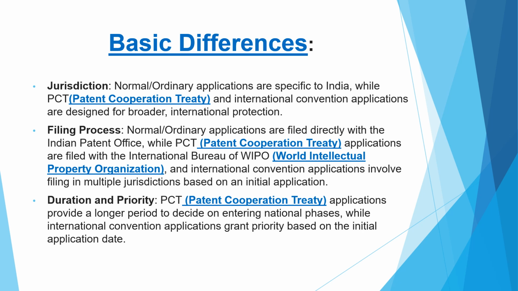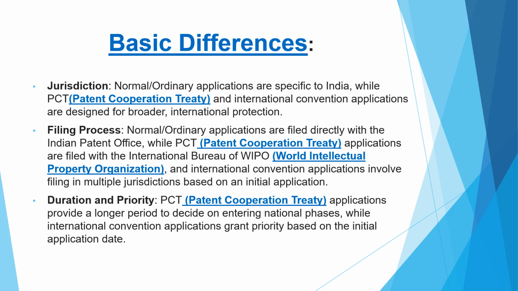While international convention applications grant priority based on the initial patent application date, in PCT also, when you file in other countries, it will take priority from the application which you have filed either at the IB or in your country. So it will be considered that the application has been filed on the date on which the first application was filed, wherever you have filed in each jurisdiction.